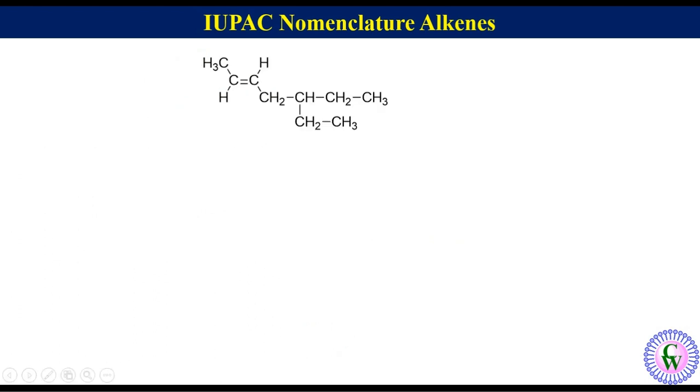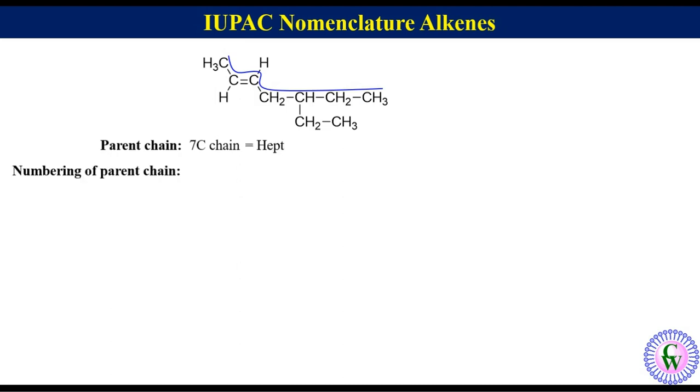More example. Parent chain, it has 7 carbon chain, so it will be named as hept. Numbering of parent chain. Number the carbons from left to right as 1, 2, 3, 4, 5, 6 and 7, and from right to left 1, 2, 3, 4, 5, 6 and 7.